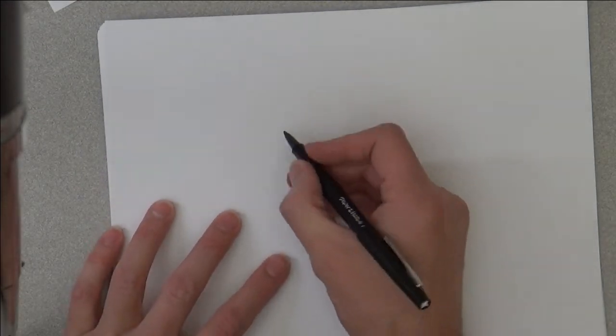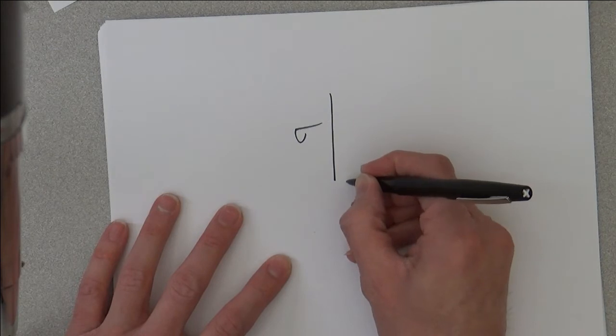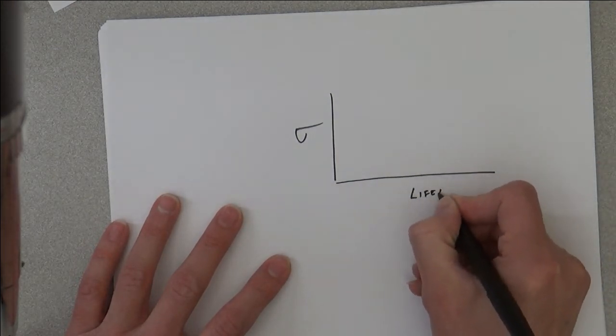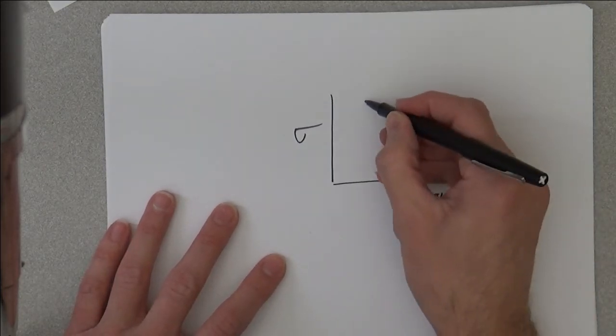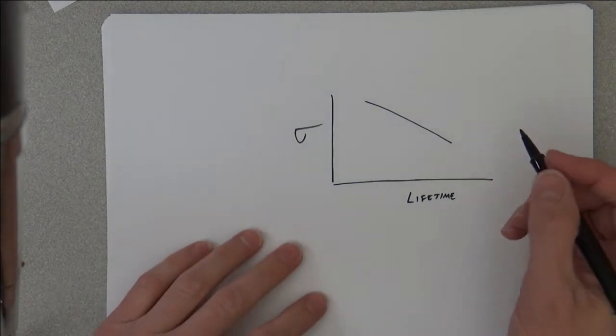So if you think about that graphically, you can think of it as, say, the applied stress versus lifetime. Right, and you can think of that as being some relation.